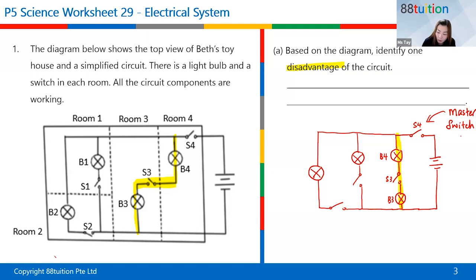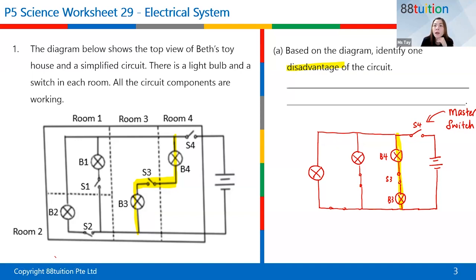The moment I turn off this switch, none of the rooms, even if I were to close the other switches to ensure that there's a closed circuit, none of the light bulbs can actually light up. Even if all of them I turn on, but this S4 I turn off, none of the light bulbs will light up. Can you see that? So this is important. Why do I say that? Because I was looking at your answer and then this is what I see.